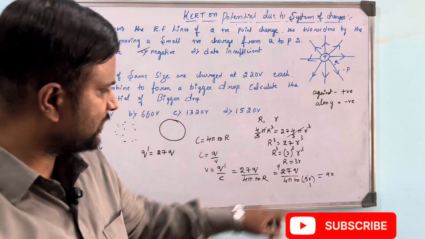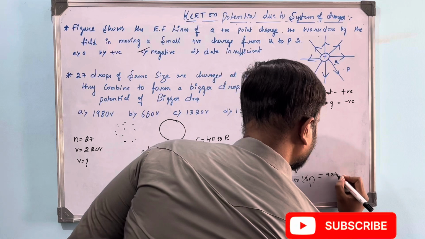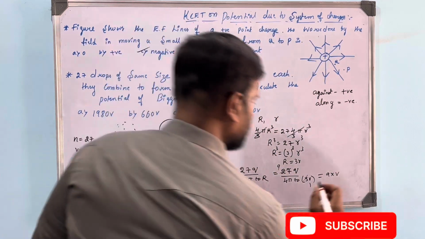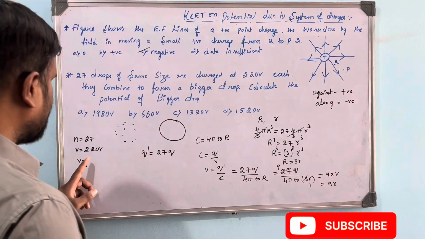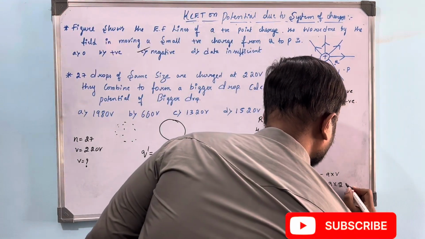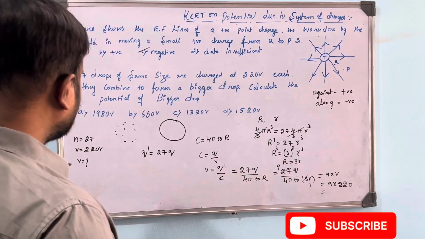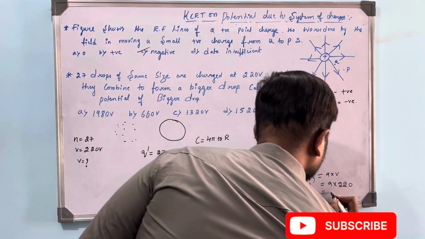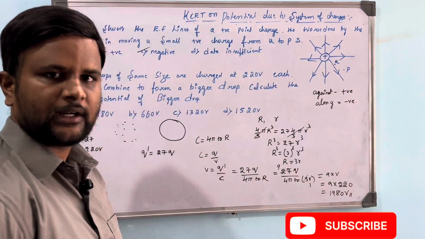Here 1 by 4 pi epsilon naught q by r can be written as V, which is given as 220. So 9 into 220 gives approximately 1980 volt. So this is the required solution.